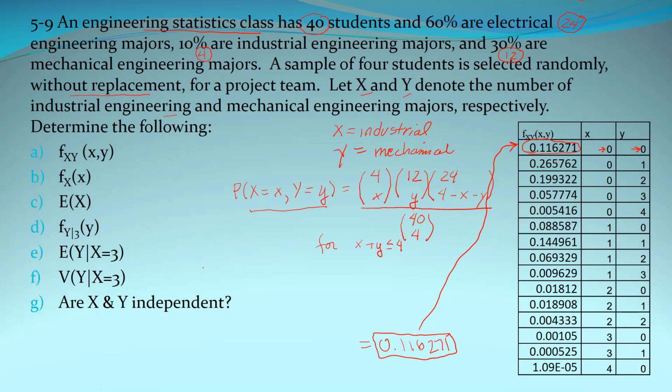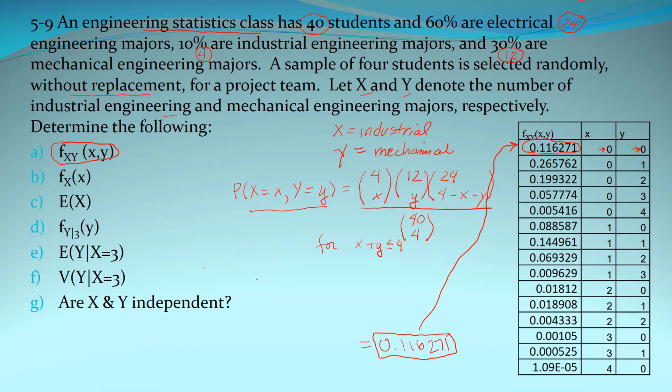If we continue to calculate for each possibility, plugging in x is 0, y is 1, x is 0, y is 2, and so forth, we'll come up with this nice table. This is the first thing they've asked for, the set of probability distributions. So we've got it worked out.